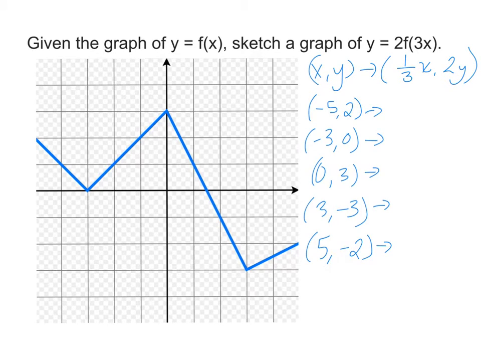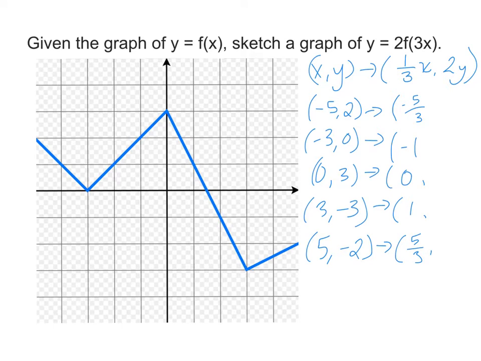So I'm going to change all of the x values first by multiplying them by 1/3. So this is going to be negative 5/3, negative 1, 0, 1, and 5/3.